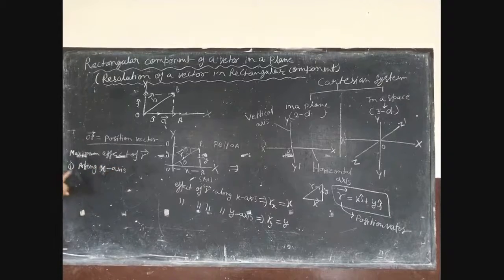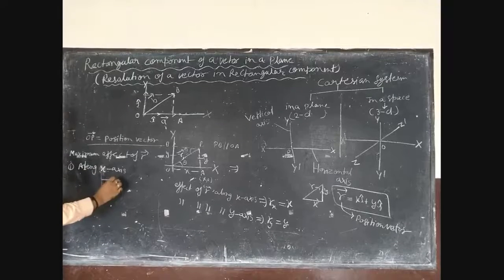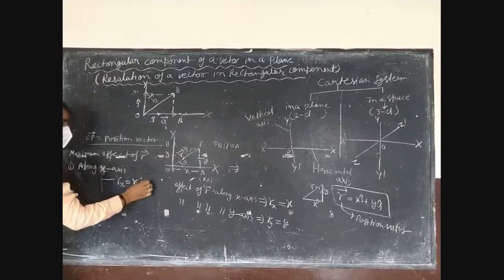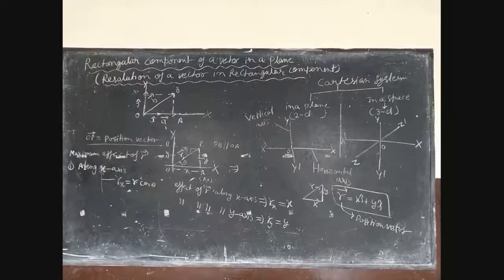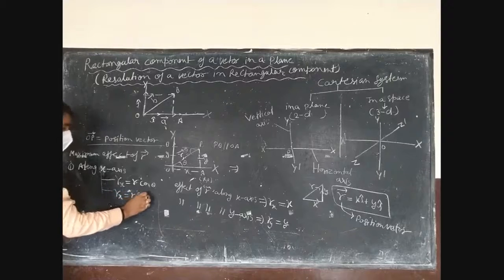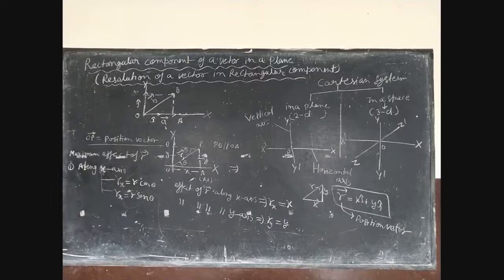For this we have two situations. Either Rx is vector R cos theta, or Rx is vector R sin theta. The first situation is this, and another.